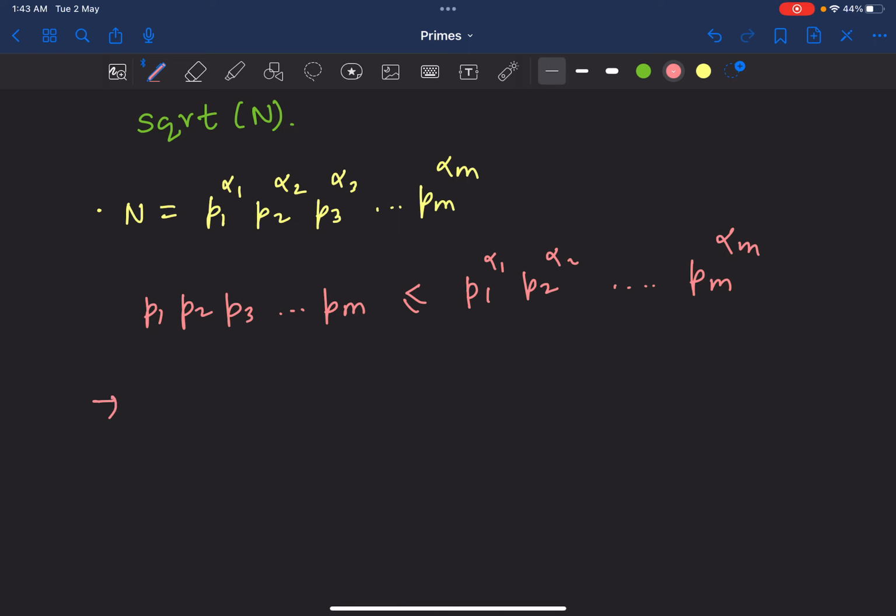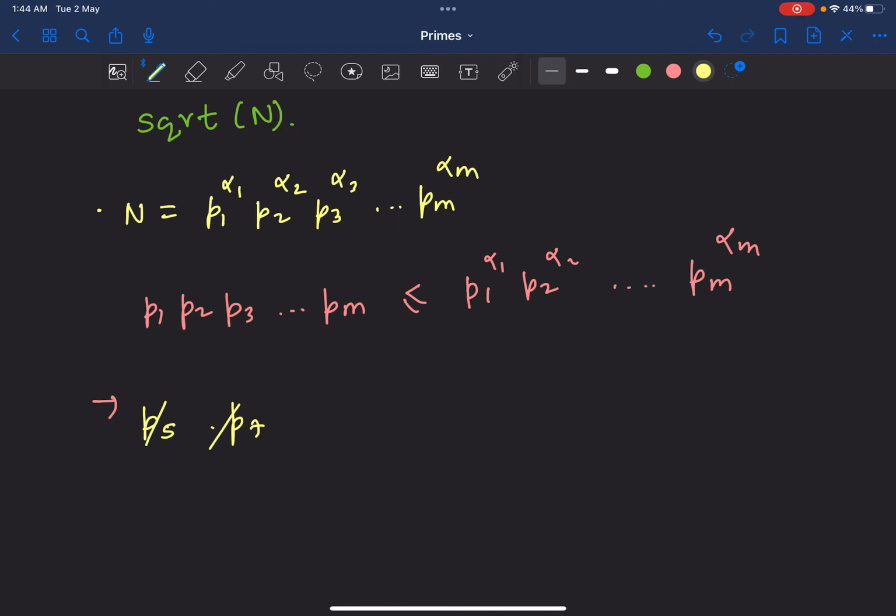So now let's assume that we have two prime numbers. We are claiming that we will have two prime numbers p5 and p7, and both of them are greater than square root of n, let's say.